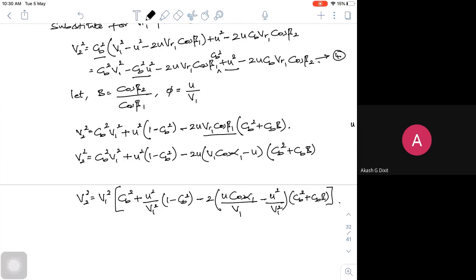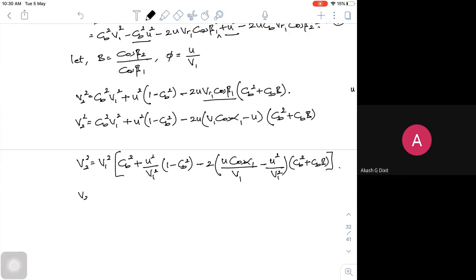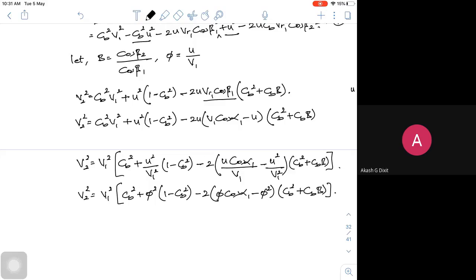Now if I substitute phi is equal to U by V1, that will be your final expression. So V2 square is equal to V1 square into CB square plus phi square into 1 minus CB square minus 2 into phi into cos alpha 1 minus phi square into CB square plus CB into B. So this will be your expression.